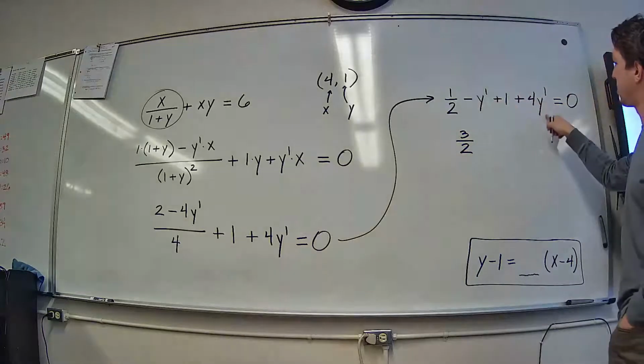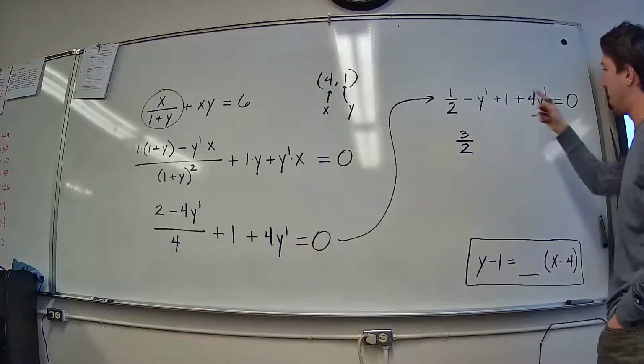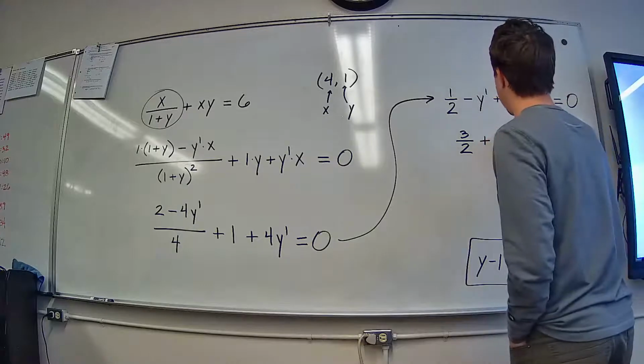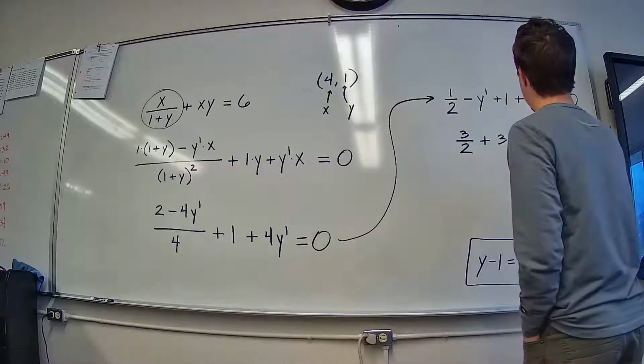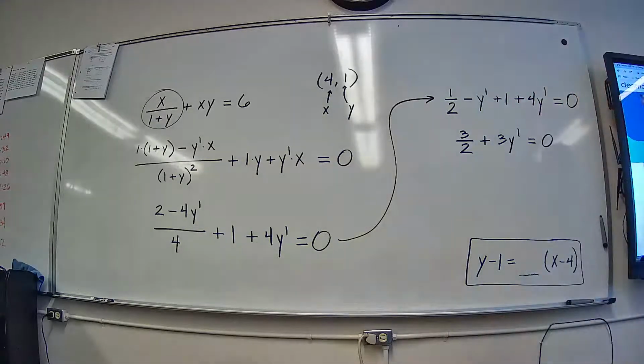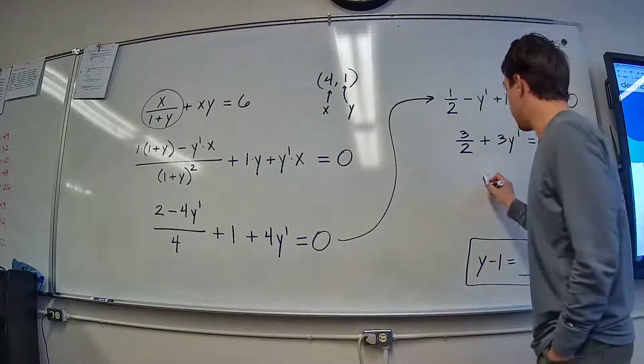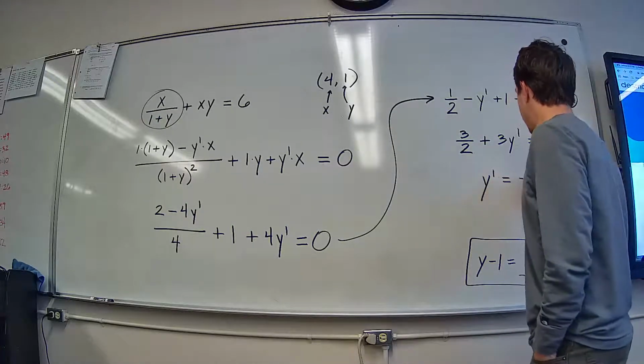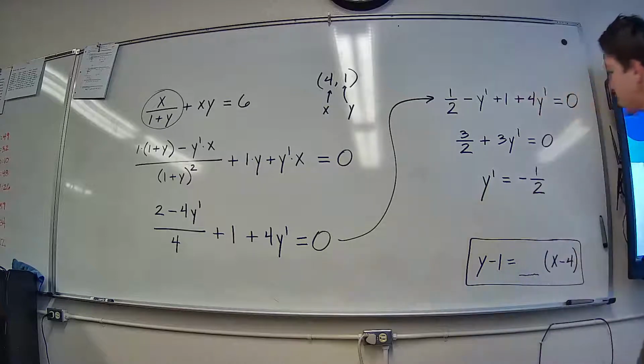And then negative 1 y prime plus 4 y primes makes 3 y primes. And so when you solve that, you end up with a very simple answer, negative 1/2. Does that make sense?